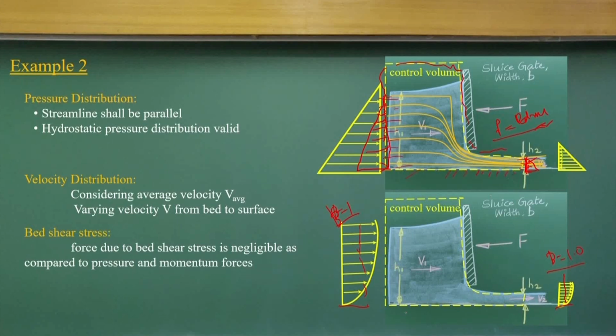Second thing, at this wall surface, the surface which is connected to the wall, definitely there will be a shear stress acting on it. Because of this shear stress there will be a force, but here the force due to the pressure distribution and the rate of change of momentum flux are of much higher order than the force due to shear stress. So, we can neglect it as compared to the pressure and momentum force components.